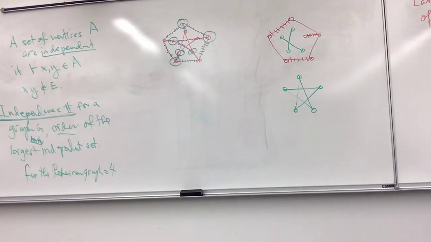What does it mean for an edge? So a vertex and an edge: one of the endpoints is that vertex. One of the endpoints is incident. So every vertex is incident with at least one edge in F.